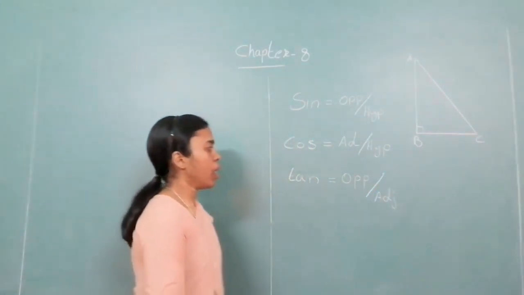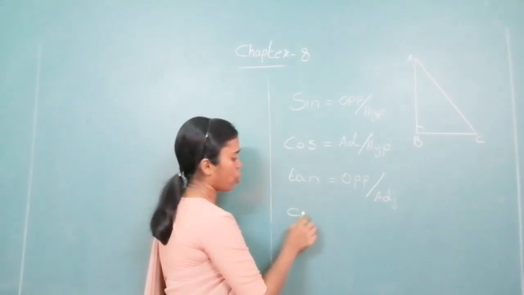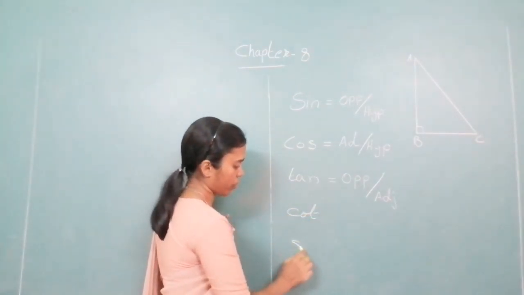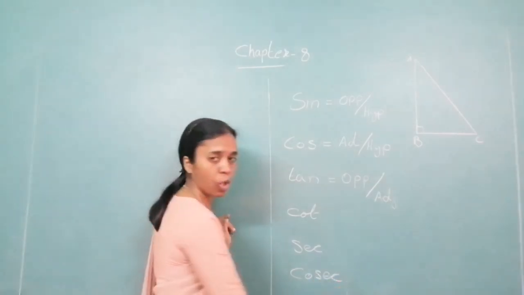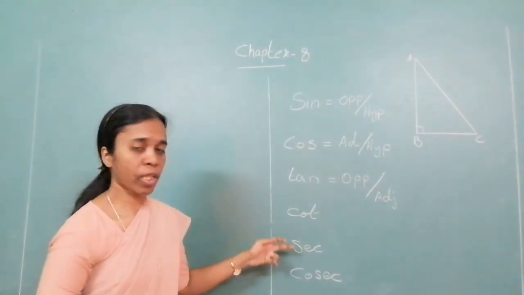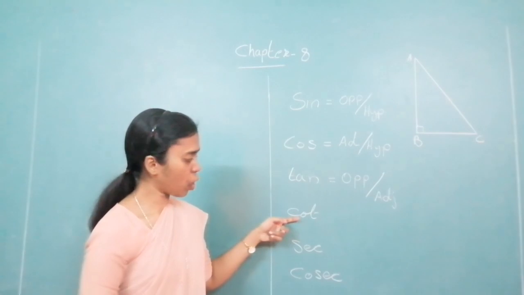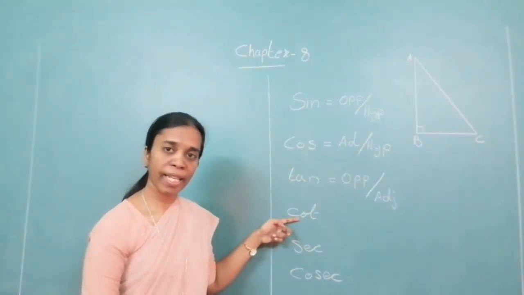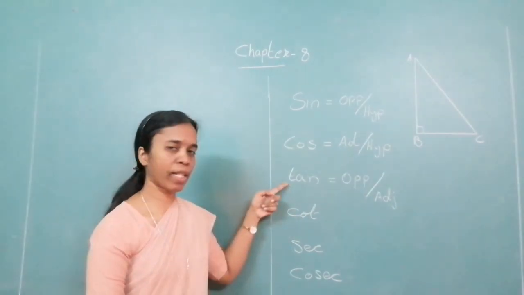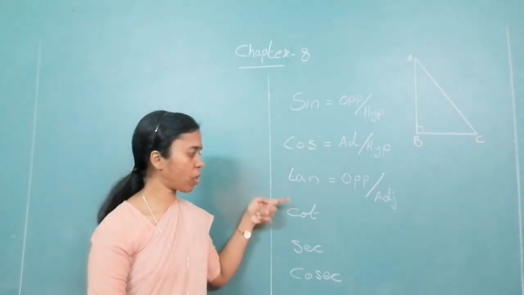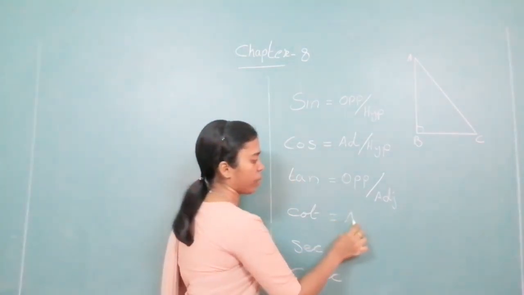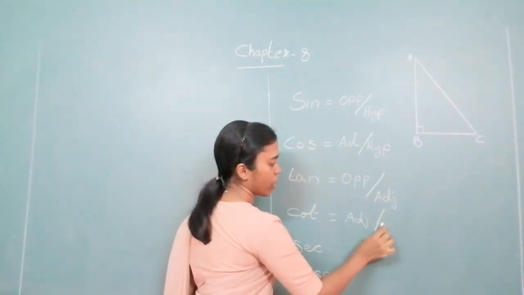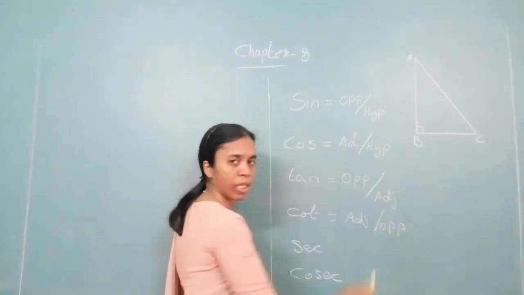Okay. Now we also have cot, sec, cosec. Cot is inverse of tan. So that will be adjacent upon opposite.